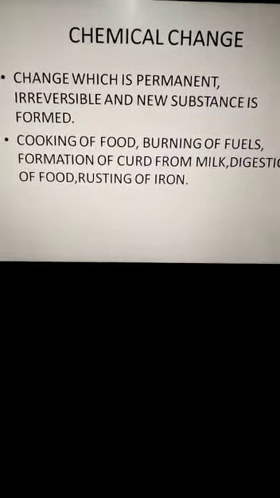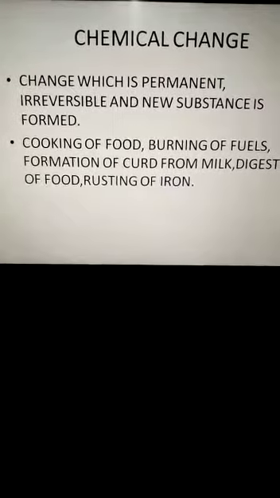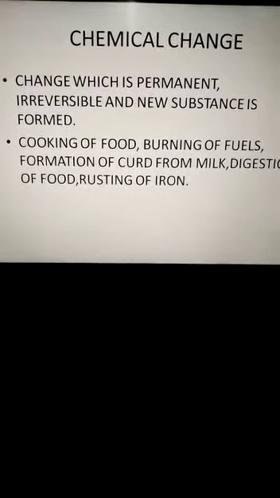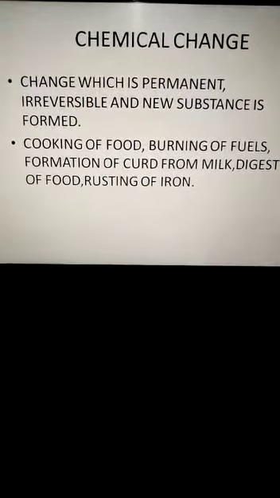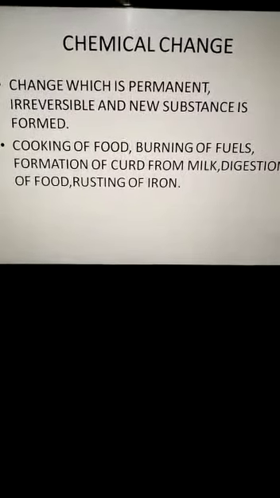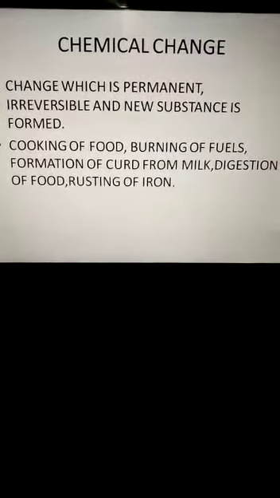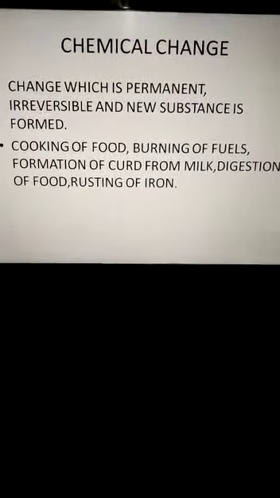Like I said, if you cook food once, you cannot get back the original food again. If you burn a piece of paper, you cannot get back the paper from the ash. Once curd is formed from milk, we cannot get back the milk again.